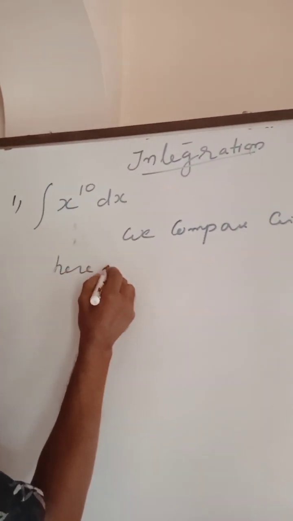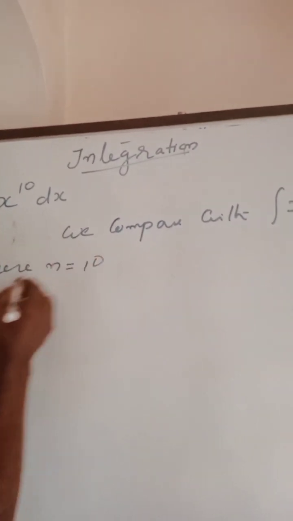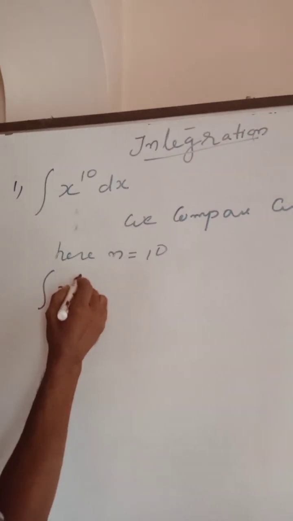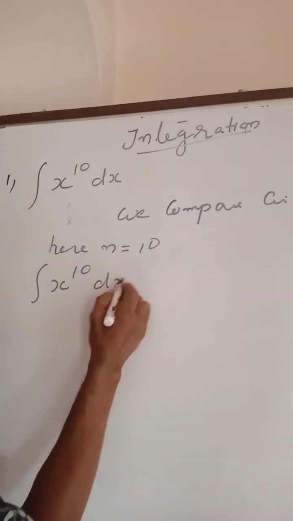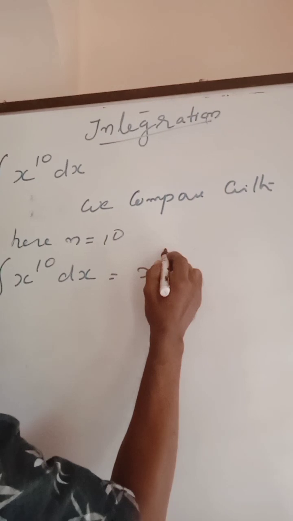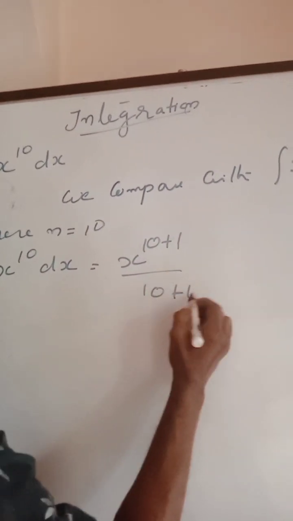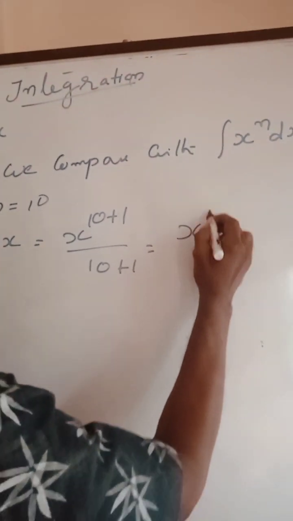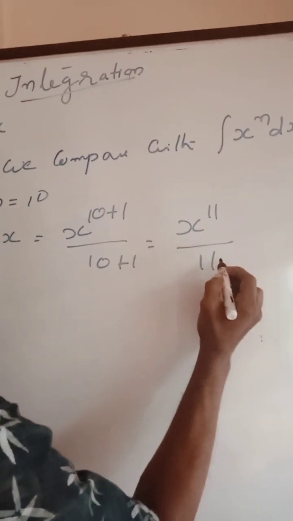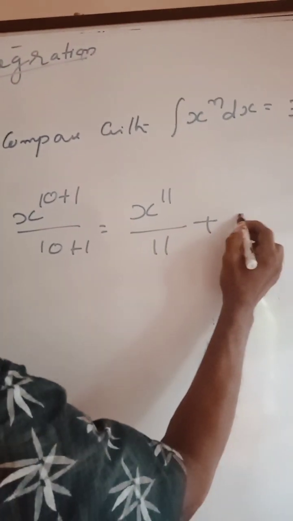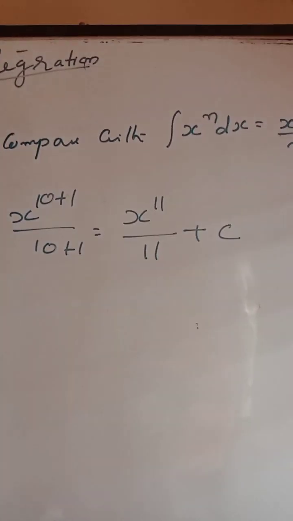Here n is equal to 10. Therefore, integration of x raised to 10 dx is equal to x raised to 10 plus 1 divided by 10 plus 1, is equal to x raised to 11 divided by 11 plus c, constant of integration.